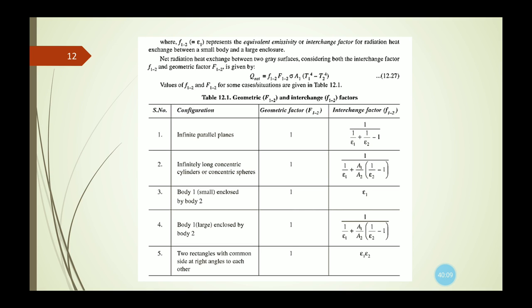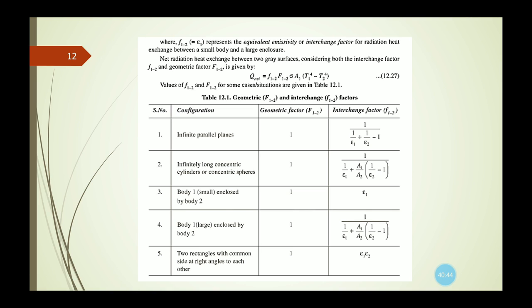Then for small gray bodies, when body 1 is enclosed by body 2, and again when large body 1 is enclosed by body 2, we saw the interchange factor representation. And lastly, the two rectangles with common side at right angles to each other. For these 5 different configurations, we discussed the formulas for the geometric factor and the interchange factor, and their derivations, today.